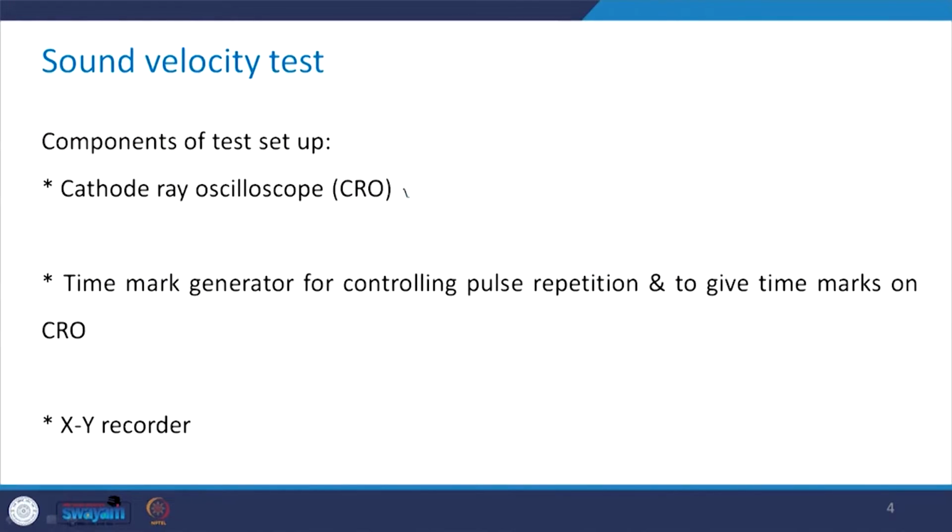There are other components like the cathode ray oscilloscope, a time mark generator for controlling the pulse repetition and giving time marks on the oscilloscope, and an XY recorder. Let us see how the setup looks.